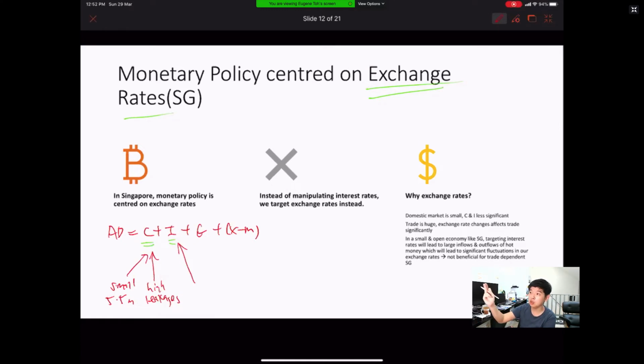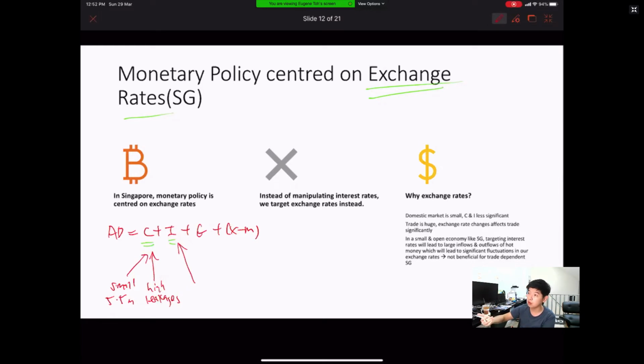Number two, if they do really want to borrow money to invest, do they need to borrow from our local banks, or can they borrow from their home country banks? They'll borrow from their home country banks instead of our local banks.